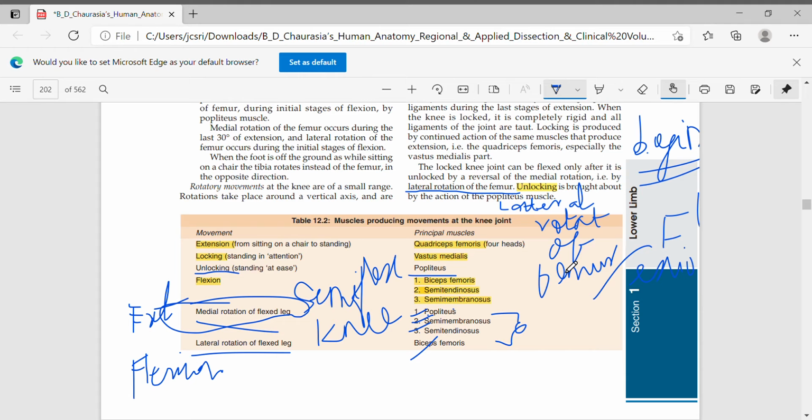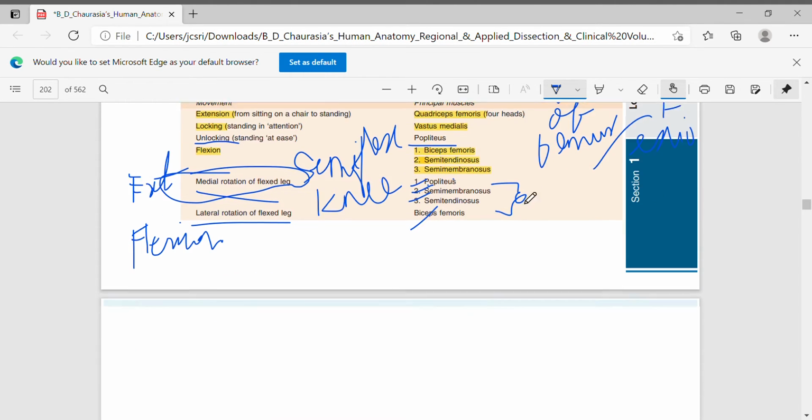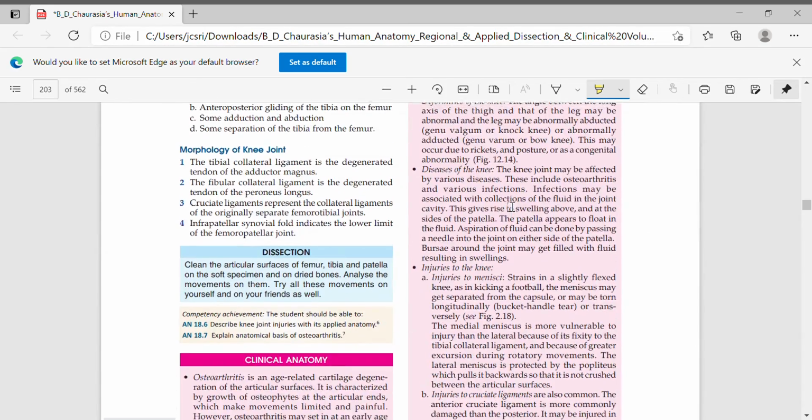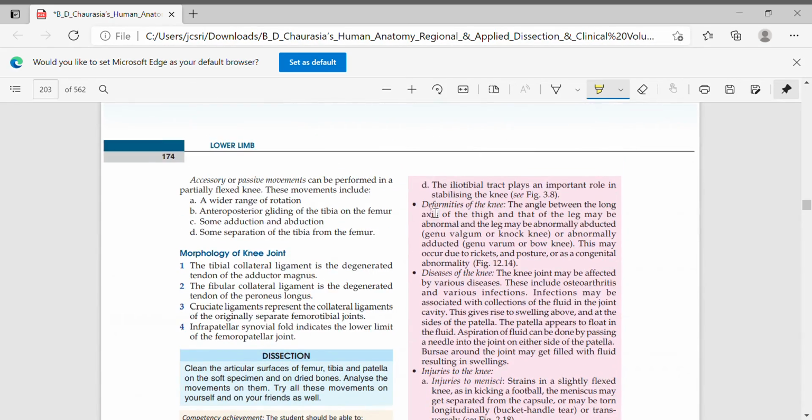Next we are going on to the deformity, or you can call it the clinical anatomy of the knee joint. In the clinical anatomy we first study the deformities of the knee joint.